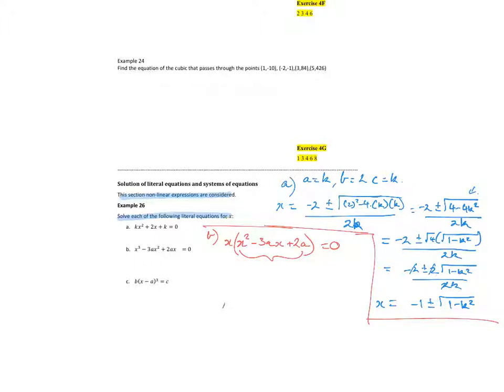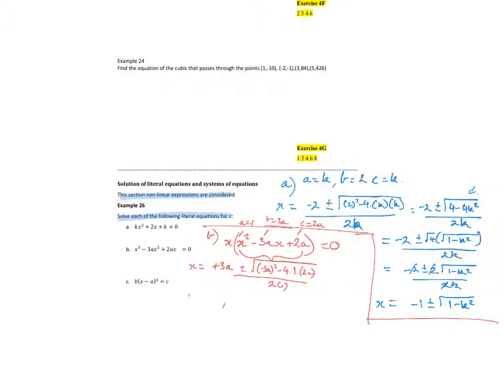So a is 1, b is negative 3a, c is 2a. So let's go with minus b, get positive 3a, x is equal to plus or minus the square root of b squared minus 4 times a times c over 2a.